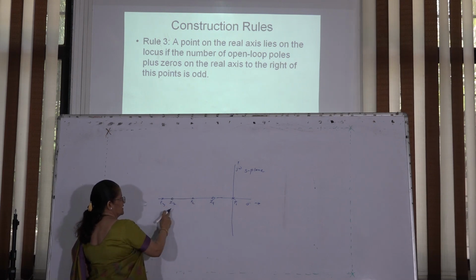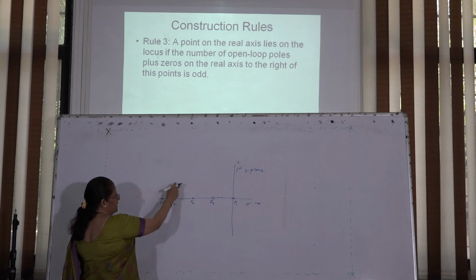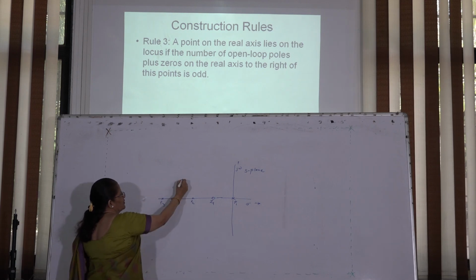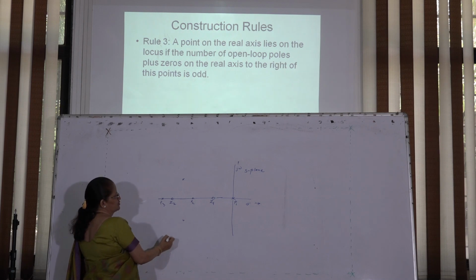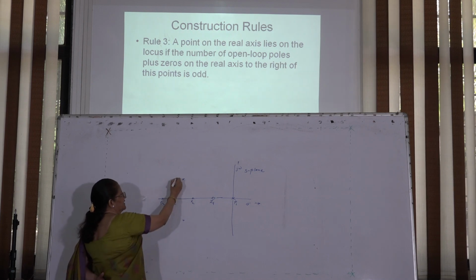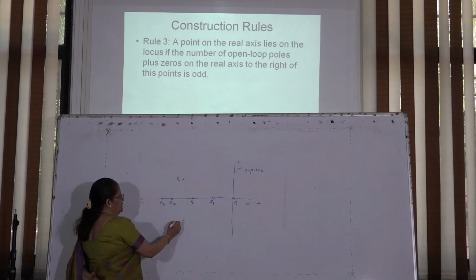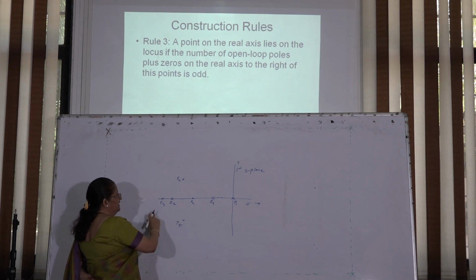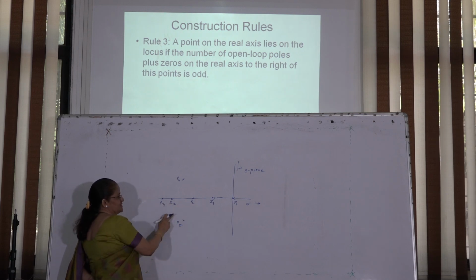So, 2 zeros are there. We can consider some complex conjugate poles also. So, suppose I am considering complex conjugate poles like this, then I will write these as P4 and P5. So, what is the thing you will get? 5 poles and 2 zeros.